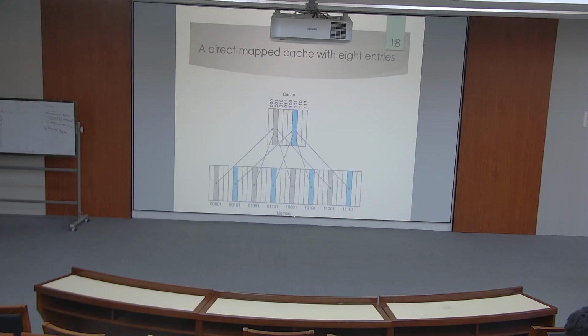We have 8 cache lines, and we are using direct map caching. In which cache line? You do 8 mod 8 is?